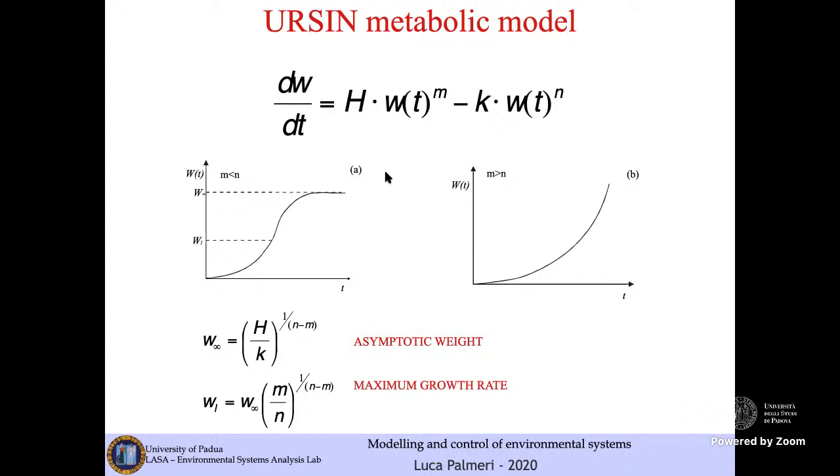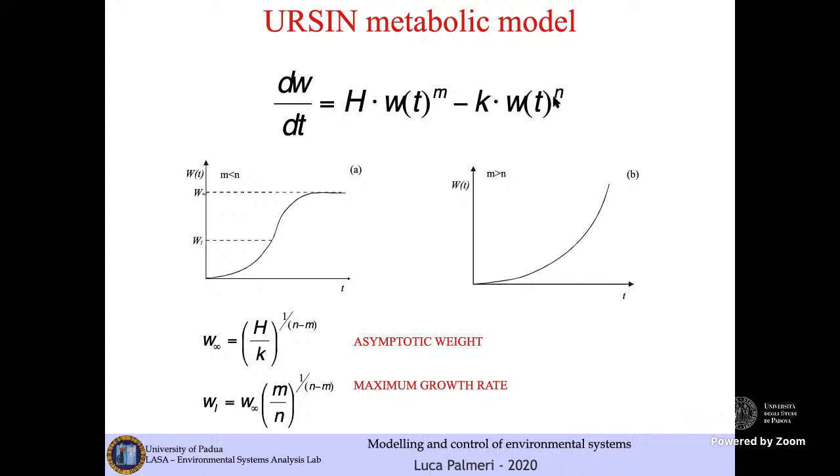So we may say that the Ursin metabolic model may describe the early growth stages, and in these cases you will have that m is larger than n, and then when the organism is growing, you will have a switch in which the limiting effect of the negative part of the continuity equation becomes predominant.